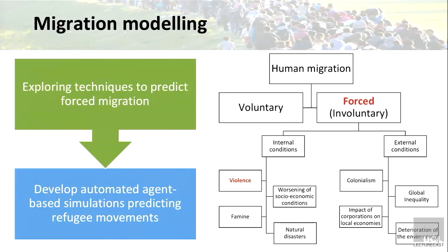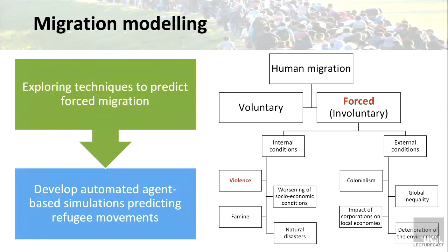What I do is that I explore techniques to predict forced migration, and why do we do it? It is because human migration can be seen from two terms, voluntary or involuntary, which is the first one. And people usually are displaced from their origin country due to internal or external conditions.